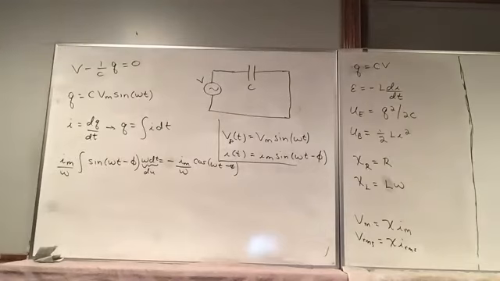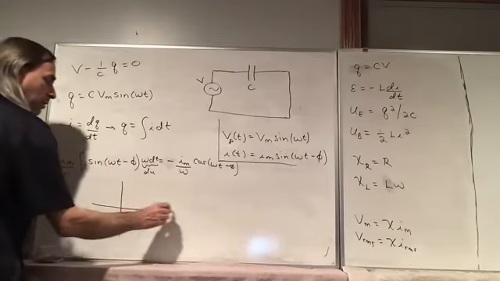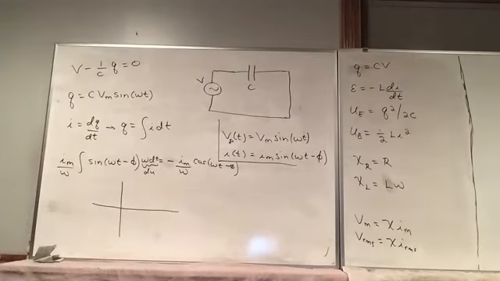So we want to convert this cosine into a sine now. So what do we have to do here? Let's draw this first. Again, we're saying that Q is equal to this.